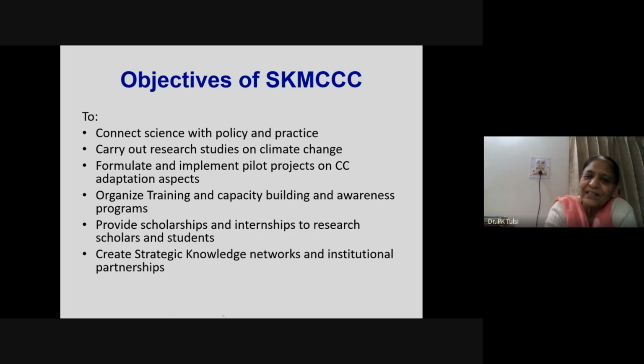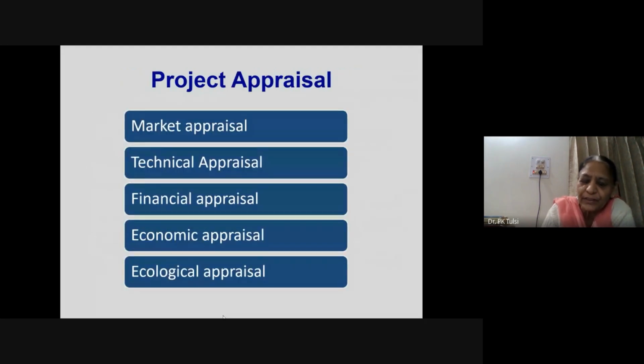So to connect science with policy and practice, to carry out research studies on climate change, to formulate and implement pilot projects on climate change adaptation aspects, organize training and capacity building, provide scholarships and internships to create strategic knowledge networks. Very, very specific. So 6 specific objectives for the project.